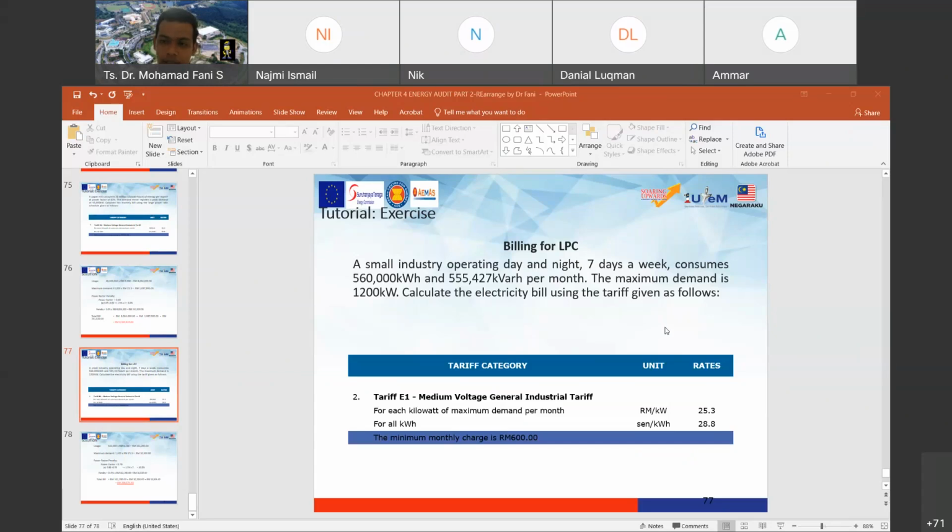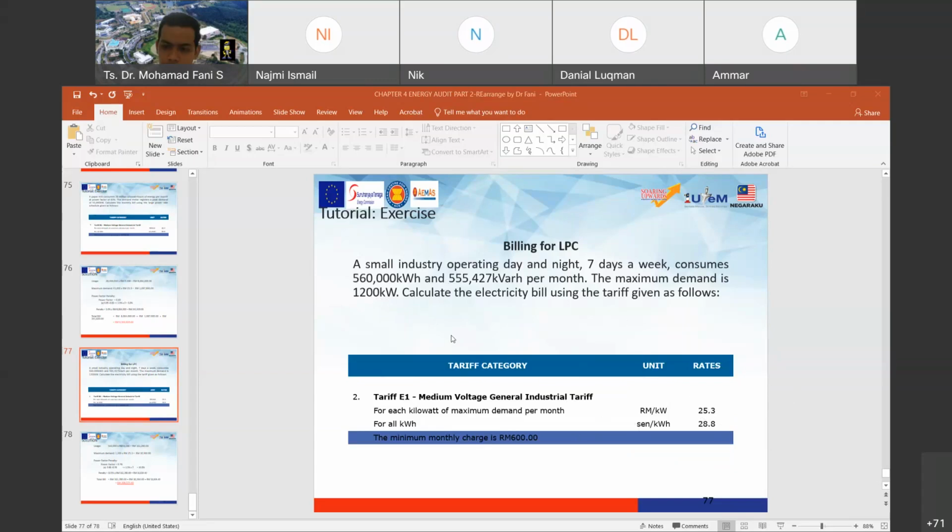So the first thing to do is to determine whether, okay, we know that if you directly calculate the electricity bill for this small industry, using kilowatt hour multiplied with 0.288, you can get the price for the energy consumption, plus the maximum demand, 1,200 kilowatt multiplied with 20.3.